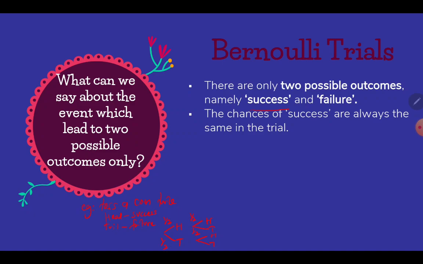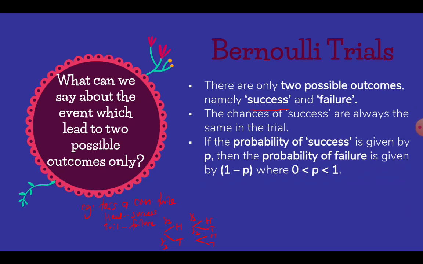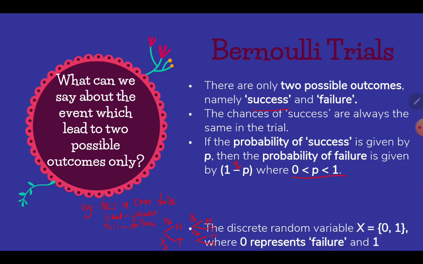So this is what we call the chances of success are always the same in the trial. Next, if the probability of success is given by P, then the probability of failure is given by 1 minus P, which basically we consider as Q. The probability must be greater than 0 but must be less than 1. Okay, this is important.